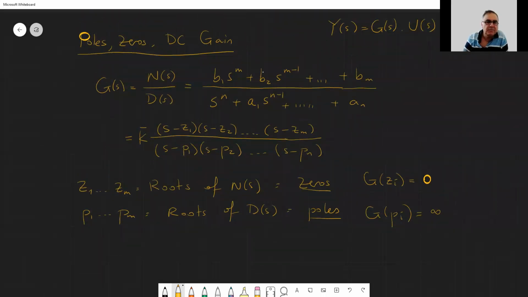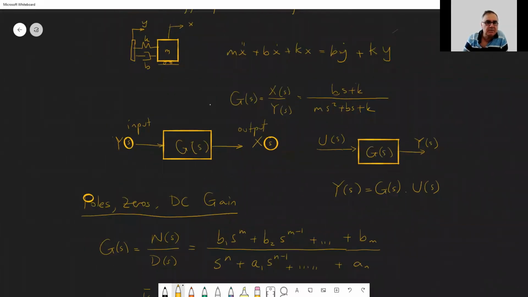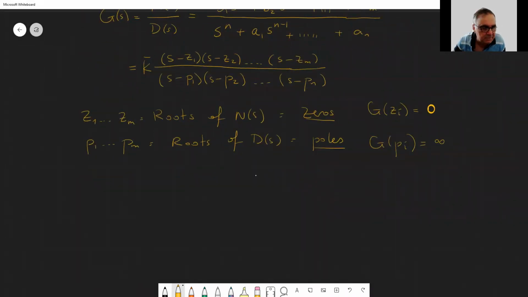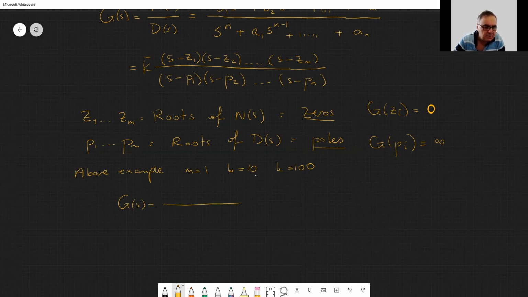Yes, kind of. For example, let's take the above example. Let's say that m is 1, b is 10, k is, let's say, 100. So G of s is 10s plus 100 over s squared plus 10s plus 100, right?